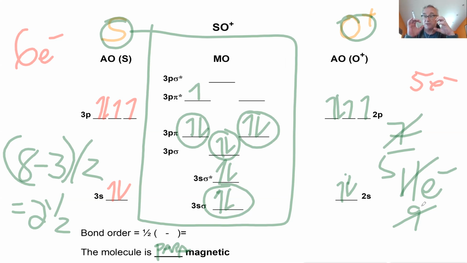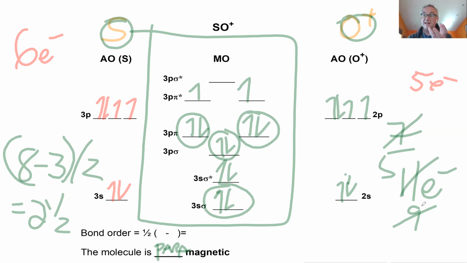So now I have 2 oxygens, each with 6 valence electrons. I've got 11 electrons in my molecular orbitals, so I need to place one more. It would go to the right of the 3p pi star. So now I have 2 unpaired electrons, which makes it even more paramagnetic.